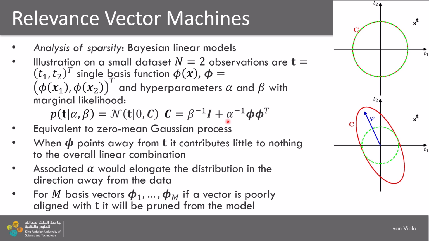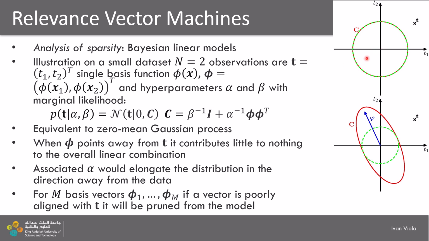Now we have only one hyperparameter alpha, not a vector, because we have only one basis function. If our covariance matrix were governed only by beta inverse, by this precision, the normal distribution of the model evidence would simply be an isotropic Gaussian in this two-dimensional setting, and it does not give us very good predictive power for estimating t.